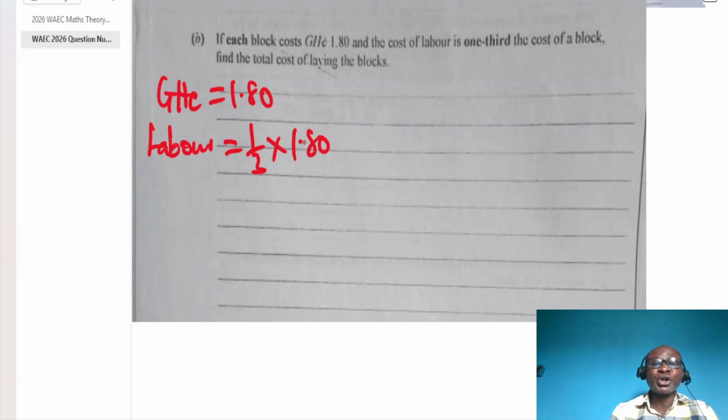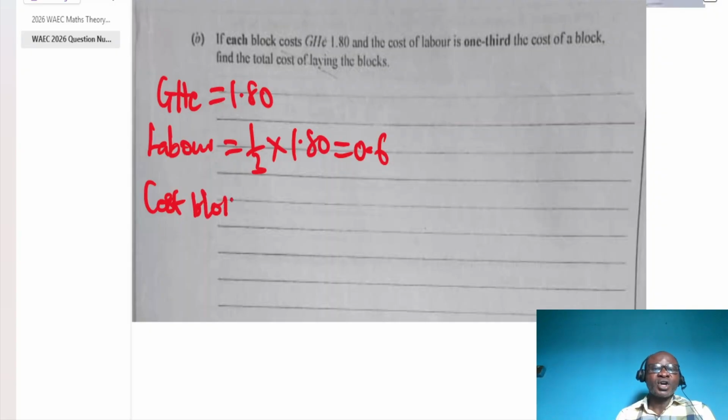Let us find the total cost of block, the cost of purchasing the block and the cost of labor, calculated together. That means 1.80 divided by 3. That is going to give us labor as 0.6.